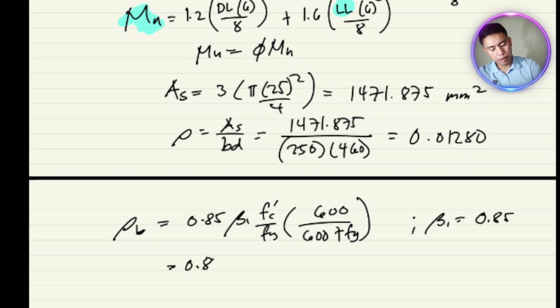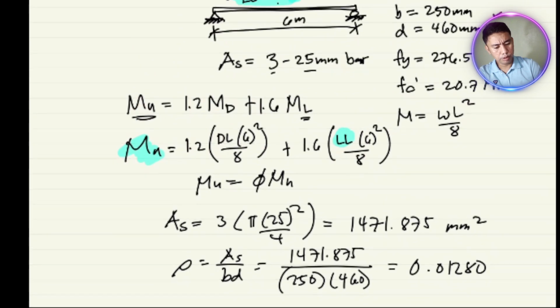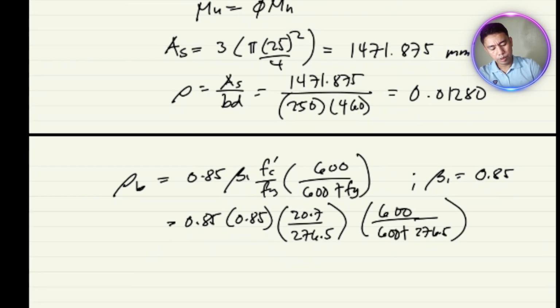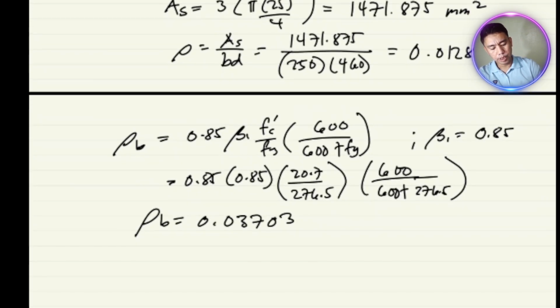So we have 0.85 times 0.85 times Fc prime, 20.7, over Fy, 276.5, times 600 over 600 plus 276.5. So our rho balance is equal to 0.03703.